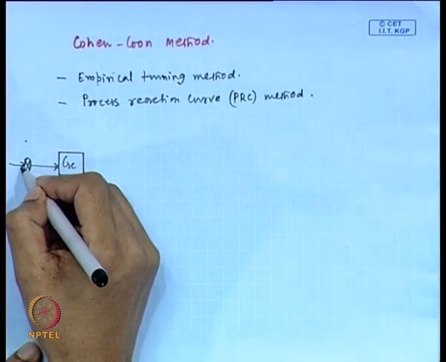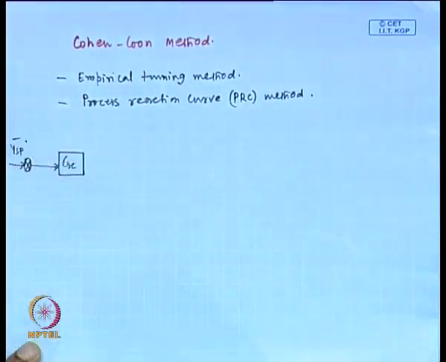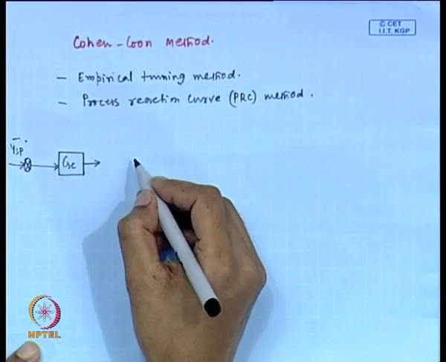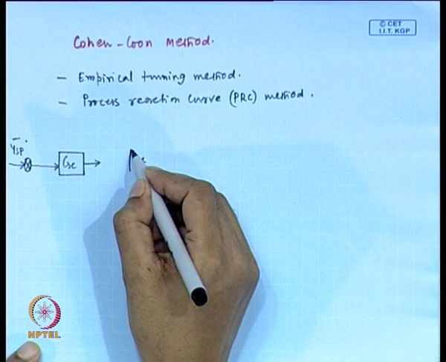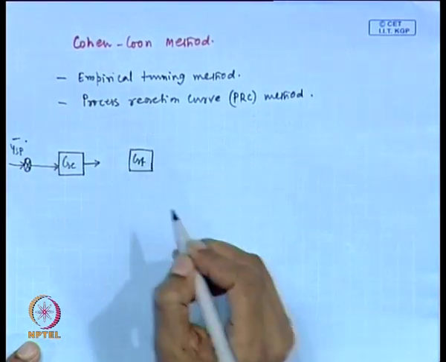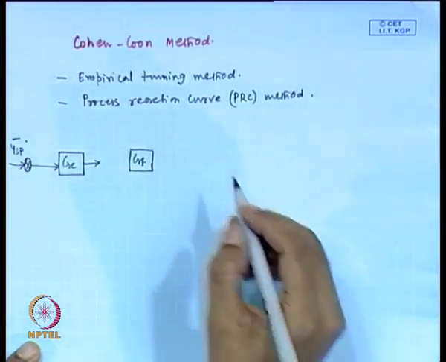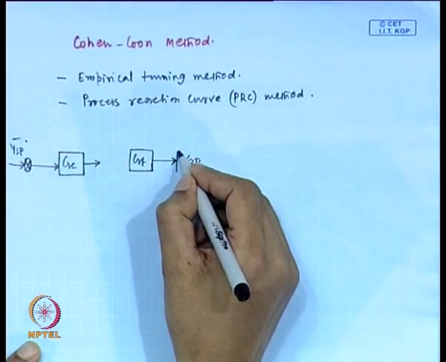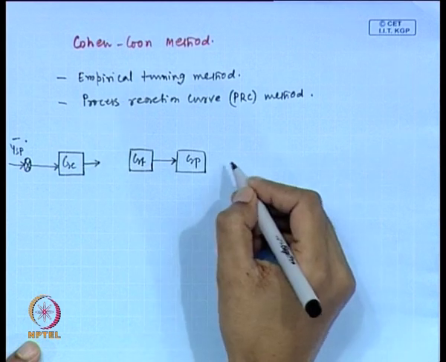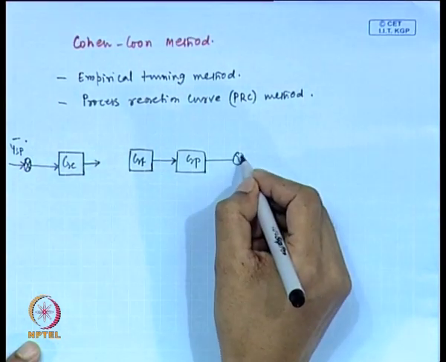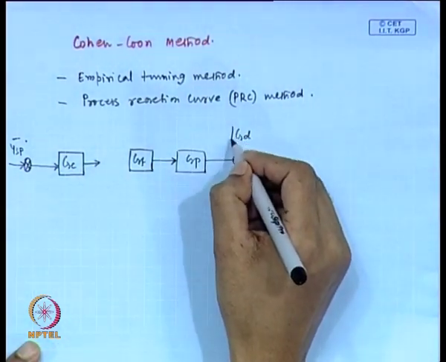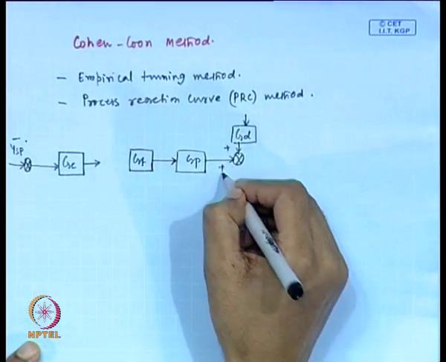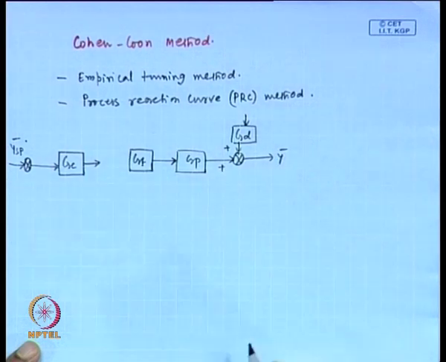Say this is Y set point, this is controller output, this is the block for final control element, then the process, disturbance, process output.